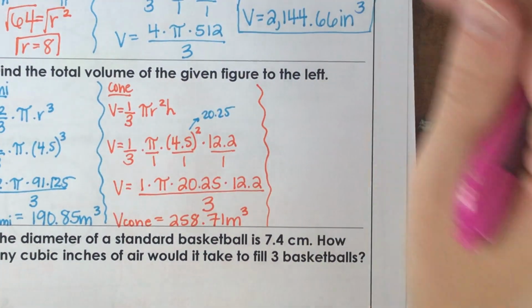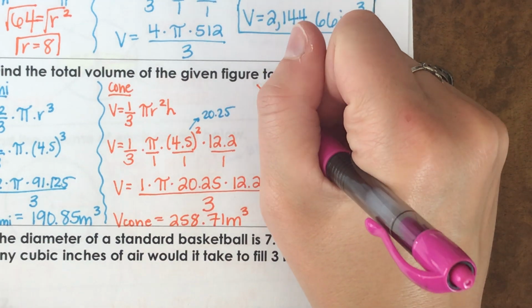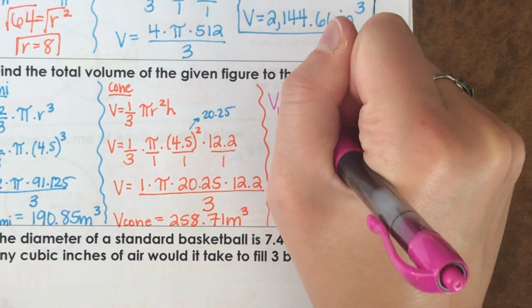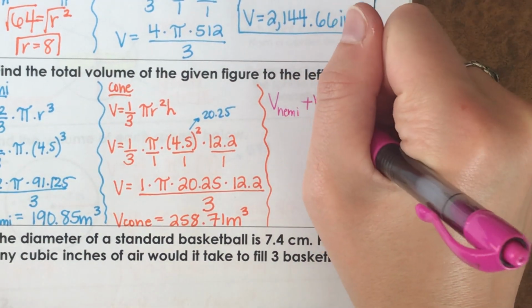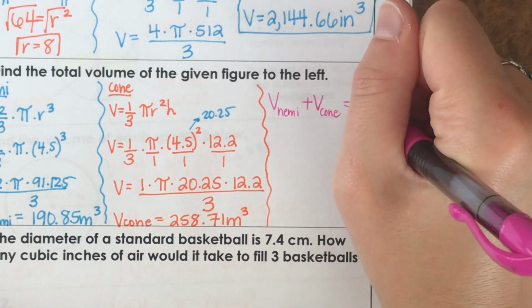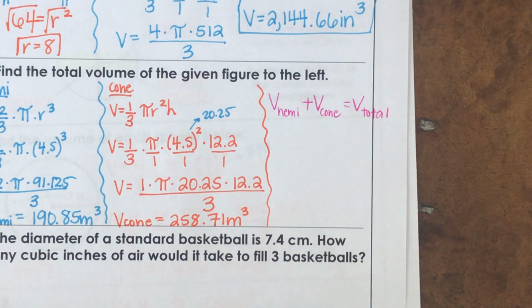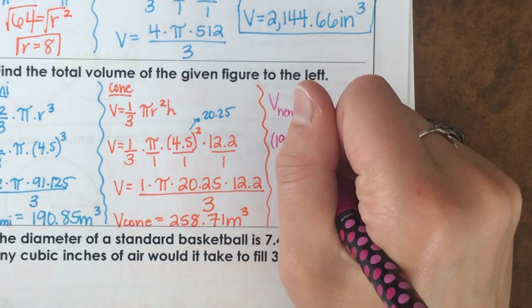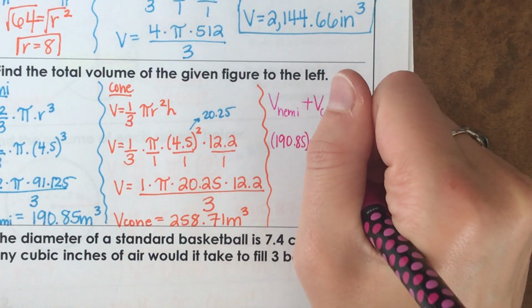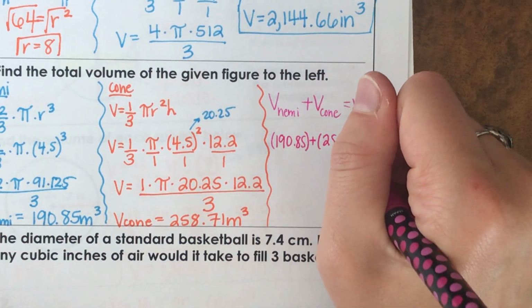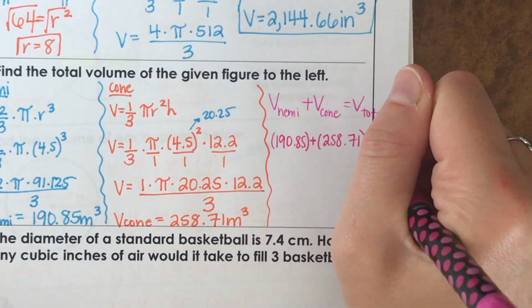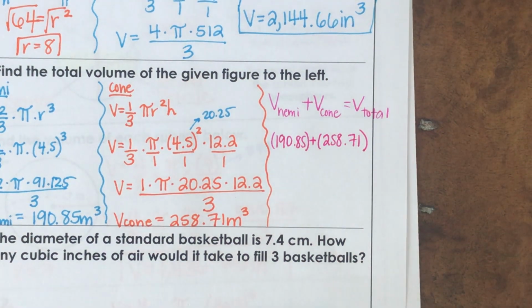So to find the total volume, I'm going to take the volume of the hemisphere. I'm going to add the volume of the cone, and that's going to give me the total volume. So I'm going to add together 190.85 plus 258.71.